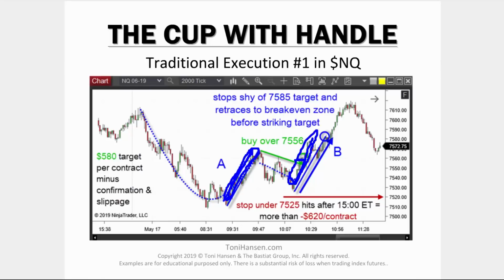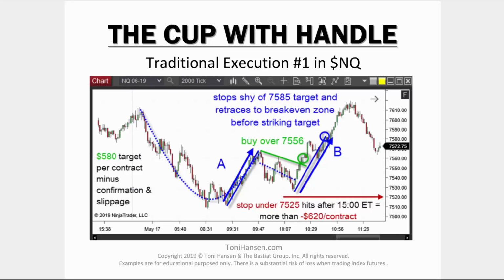So you're basically looking for A to equal B. Now, the problem with this is that if you take that traditional entry, you've got a potential target of about $580 versus a potential stop of more than $620 because your stop is going to be under the low of that handle. So your return compared to what your risk is actually less than 1-to-1.